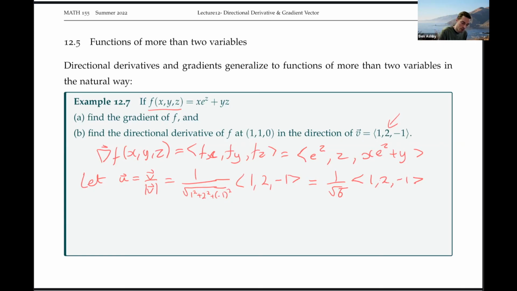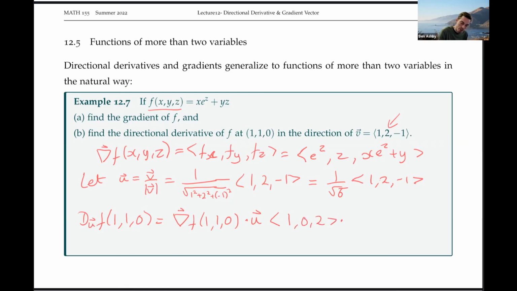All we need to do now to work out Du f, our directional derivative of f at (1, 1, 0), is take the dot product of our gradient, which we've already calculated in general, grad f at (1, 1, 0), dotted with our unit vector u in the direction we want to go. If we substitute (1, 1, 0) into our gradient vector, we have (1, 0, 2).